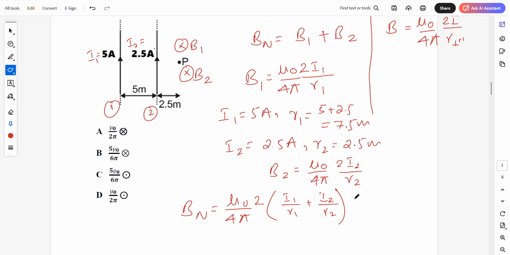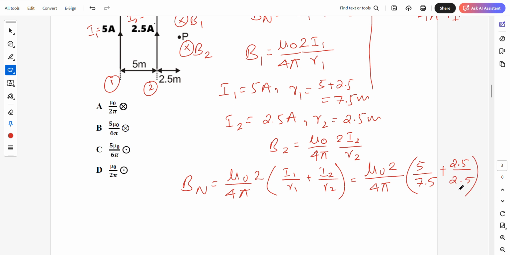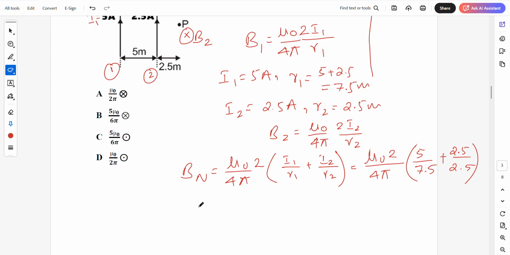That is equal to mu naught into 2 divided by 4 pi, into I1, which is 5, divided by R1, which is 7.5, plus I2, which is 2.5, divided by R2, which is 2.5. That is equal to B net.